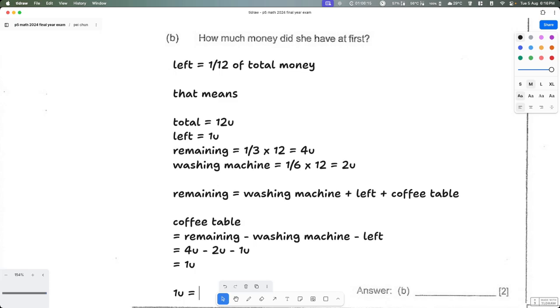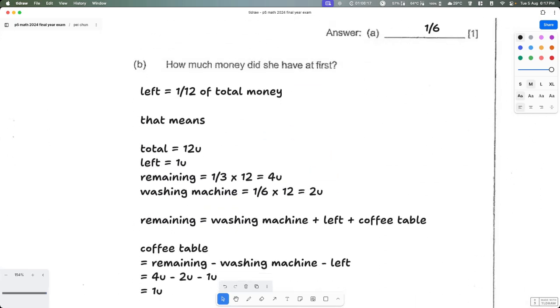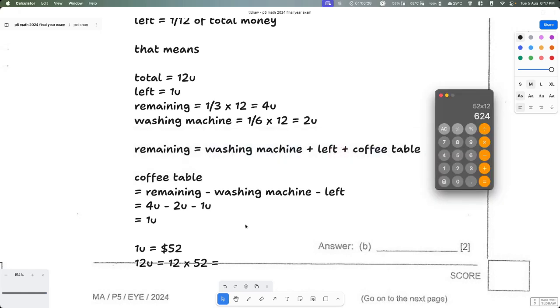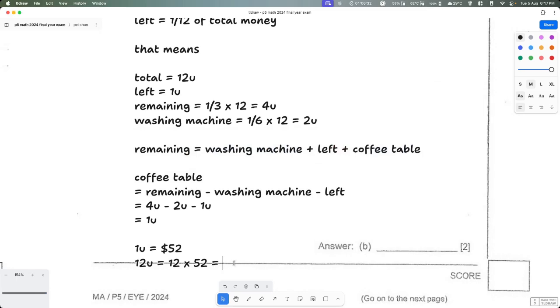So 1 unit is equal to $52. Then total is 12 units, equal to 12 times 52. Let's use our calculator. The answer is $624. There you go, that's the answer.